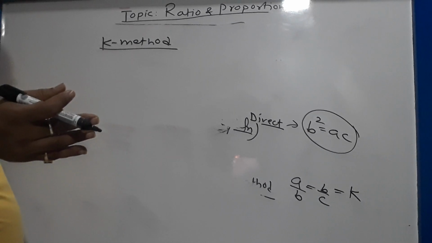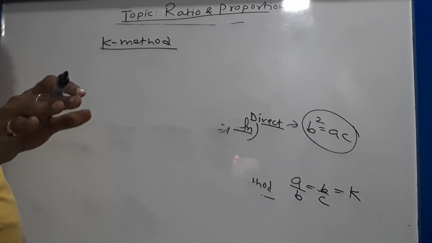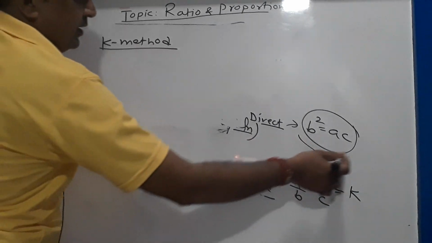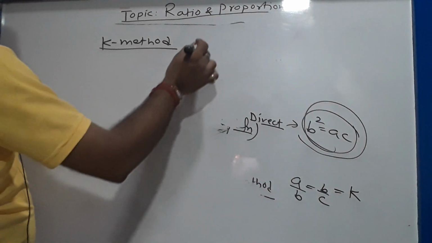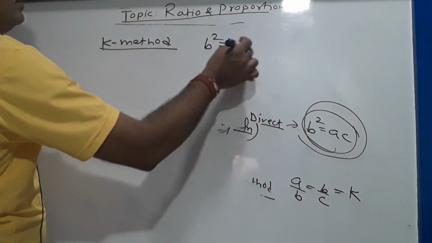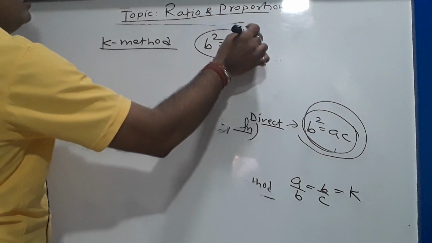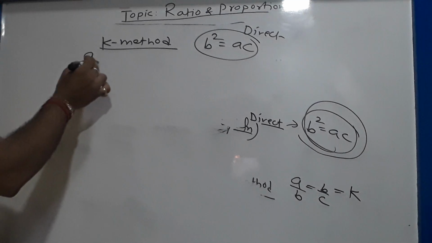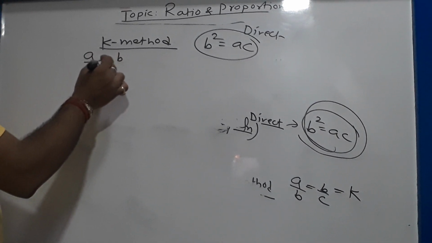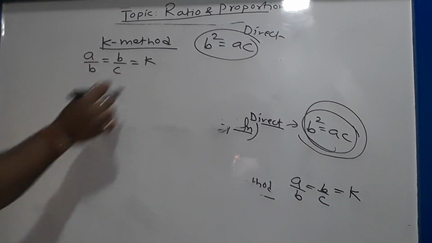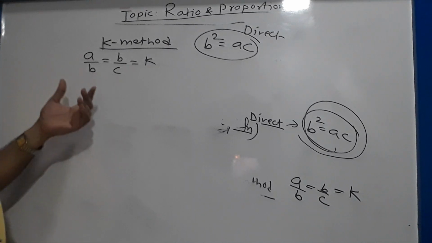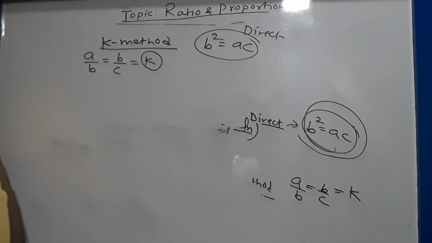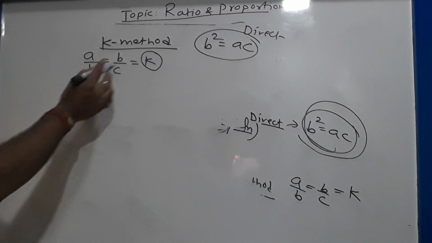In the direct method, we write B square is equal to AC. Then in the K method, we take each ratio. A upon B is equal to B upon C is equal to K. Both the ratios are equal, so both are equal to the common number K.